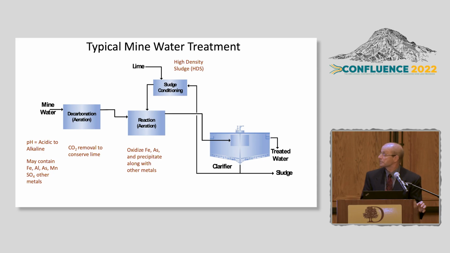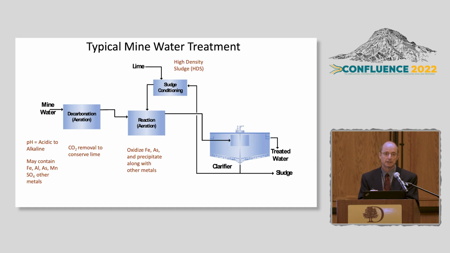And in the last presentation, it was mentioned the HDS process. So that's a further modification or an improvement to this process, where instead of mixing the lime directly with the mine water, we mix that lime with recirculated slurry. So now the lime is coating those particles, creating very high pH zones around the particles, so the precipitation can occur right on the particles.